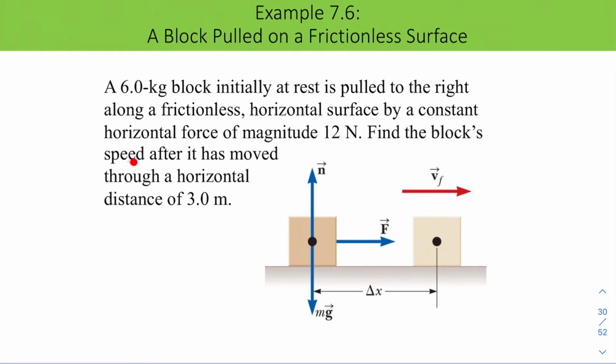Find the block's speed after it has moved through a horizontal distance of 3.0 meter. So this is the situation. We have a block placed on the floor, frictionless. We have normal, we have weight, and also this block is pulled to the right up to delta x displacement until it reaches V final.